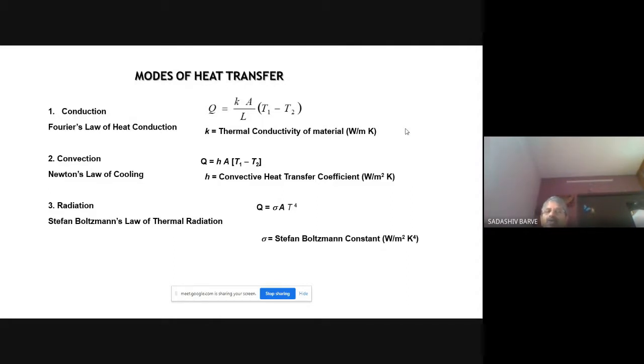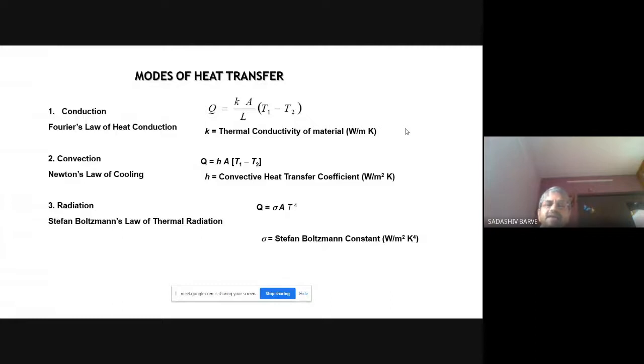Here sigma is the Stefan-Boltzmann constant, which is given in most of the books as 5.67 into 10 raised to minus 8 watt per meter square Kelvin raised to 4. While A is the surface area of the given hot object.